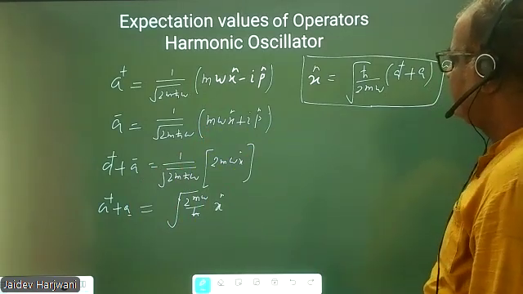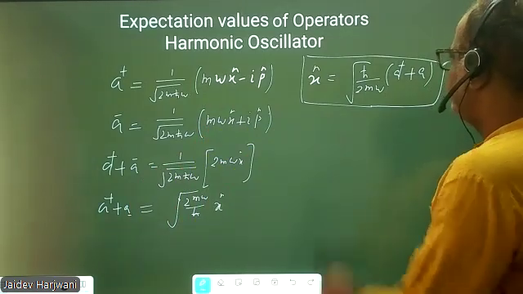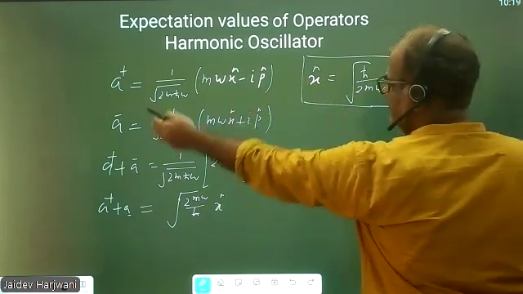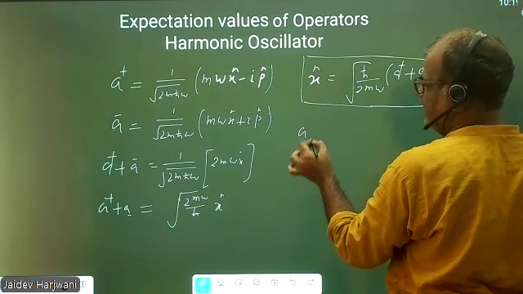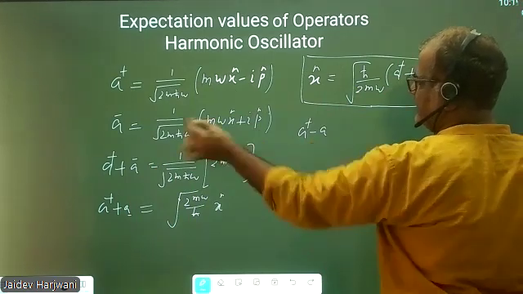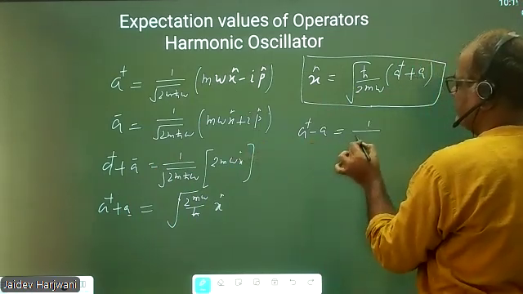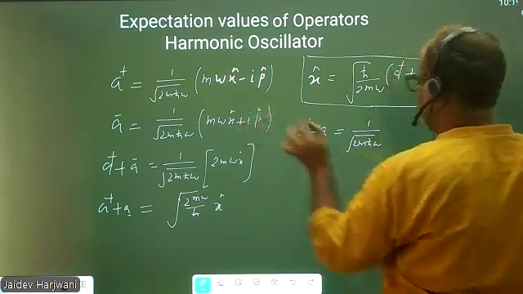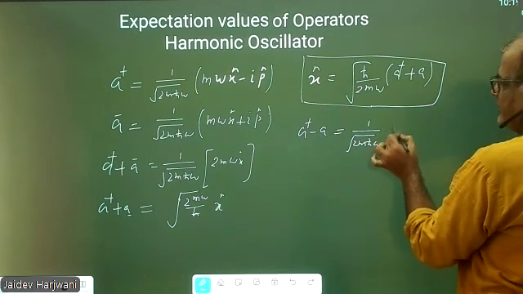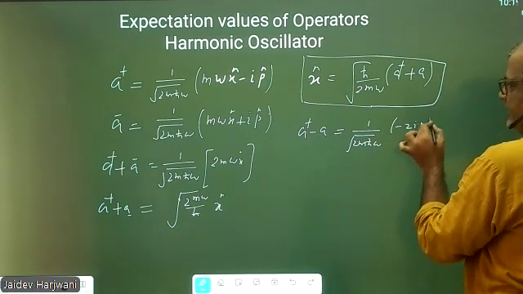Now let us calculate similarly the operator p. If I subtract, a raising minus a, what will come? It will come 2m h cut omega, and this will remain minus 2 iota p.